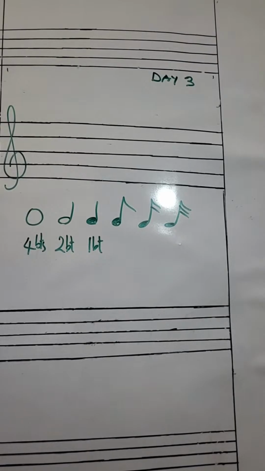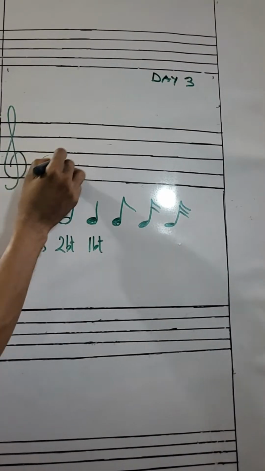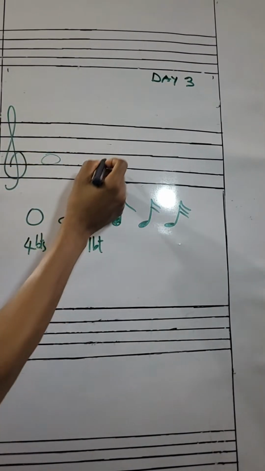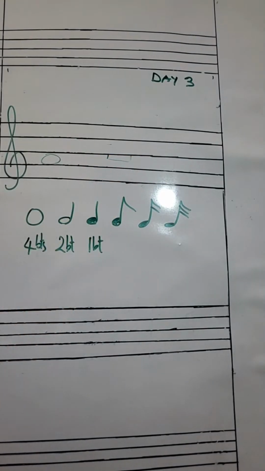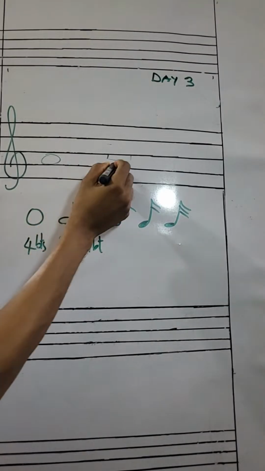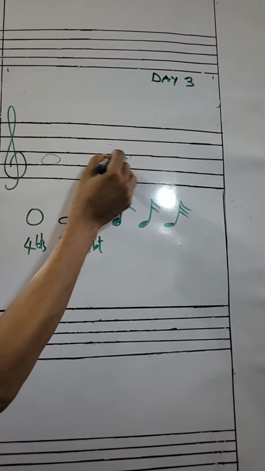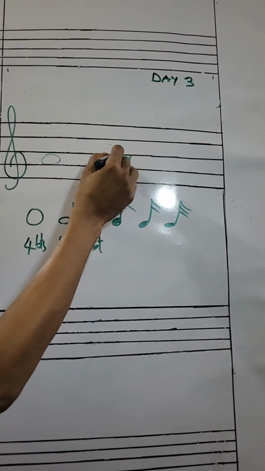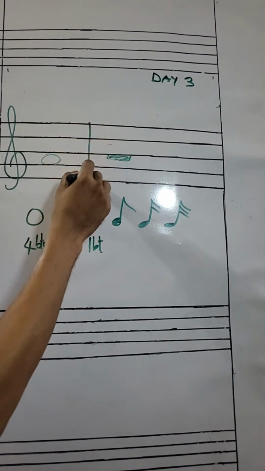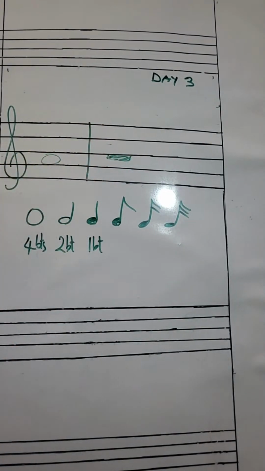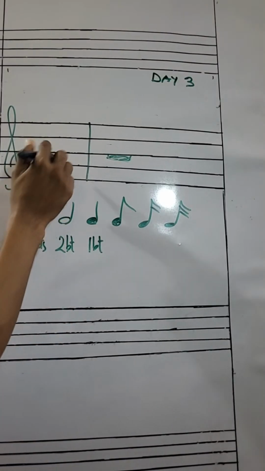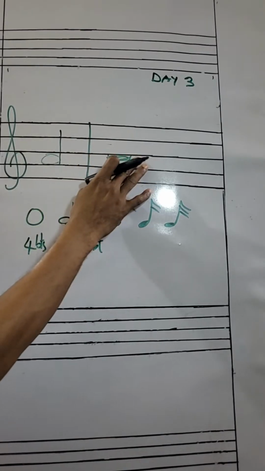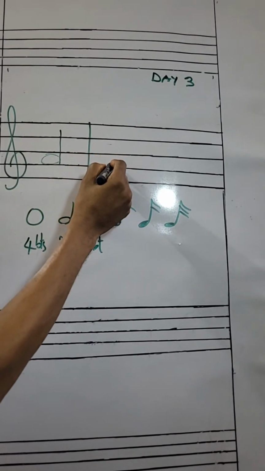So yesterday we also gave you the rest sign for each of these notes. And we said the rest sign that is placed under the line is that of the whole note, and also that of the half note is placed on the line.